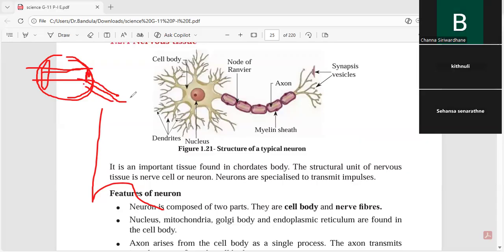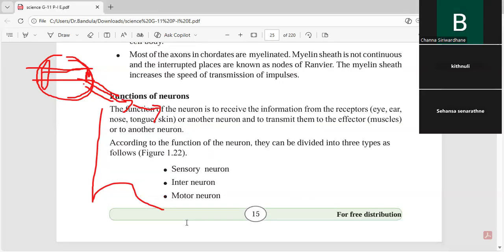Nerve cells. Yes, there are neurons or nerve cells. Right. Now, this signal from the eye will transfer to the dendrites. Right? And there is a little bit complex way of transferring it. Right?